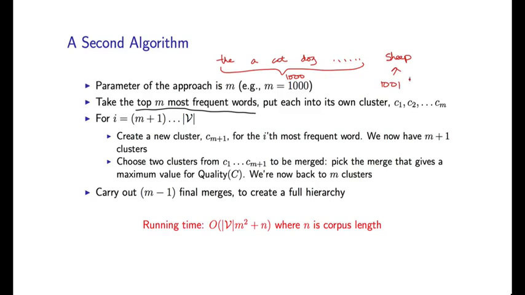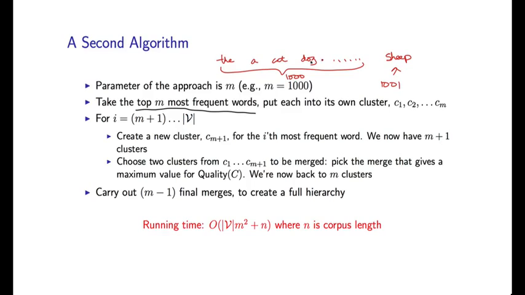And now I'm going to again consider all possible merge steps. So I'm going to consider merging the with a, or the with cat, or the with dog, right up to the with sheep. I'm going to consider merging a with cat, a with dog, right the way up to a with sheep, and so on and so on. So again, I'm going to do all pairwise comparisons, where I look at all pairs of words and choose to do a merge.